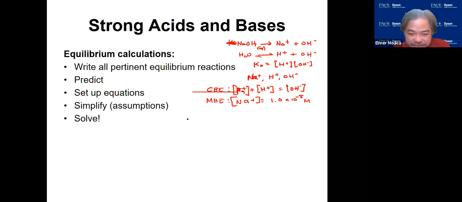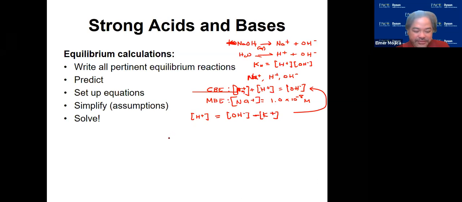So if we have a CBE, how are we going to do it? Let's say we have H plus equals OH minus minus Na plus. Does this equation make sense? Where did I get this? I just rearranged that. Now, what did I do here?